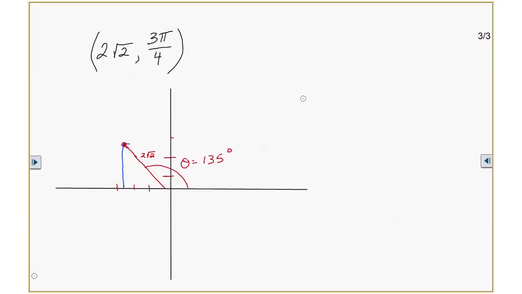How do you find the other angles? How do you do it? You know the degrees of it. Nope. What can you do?